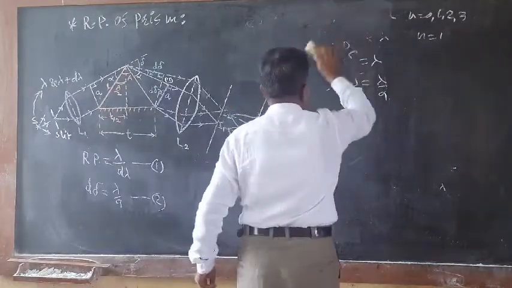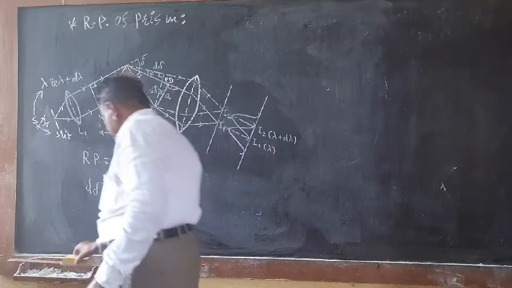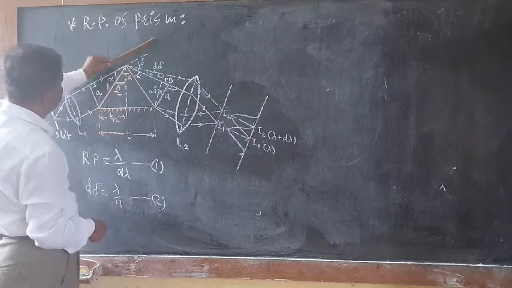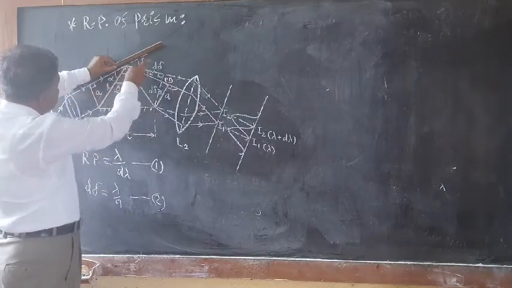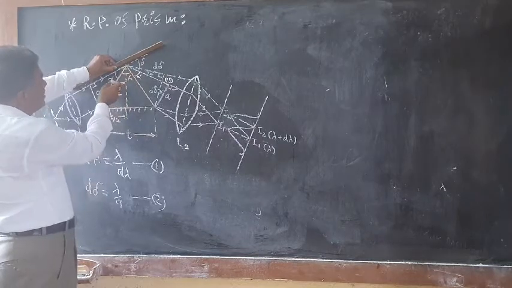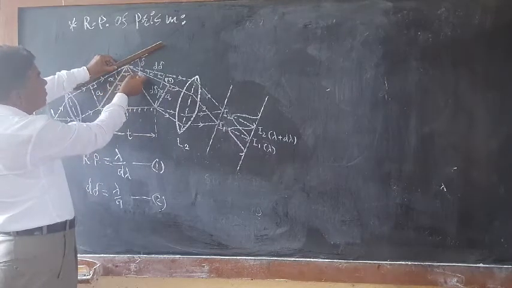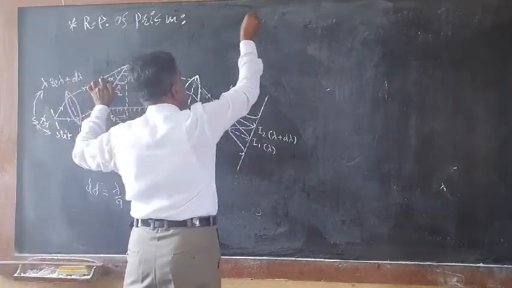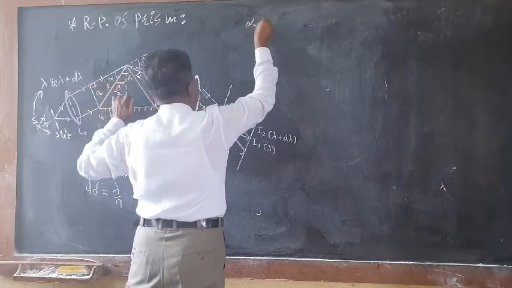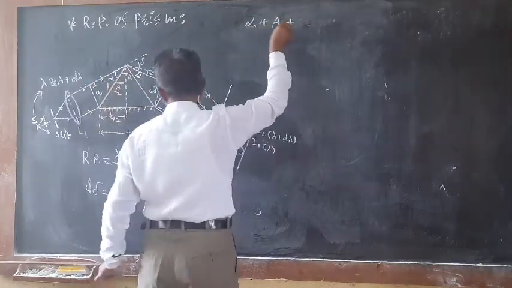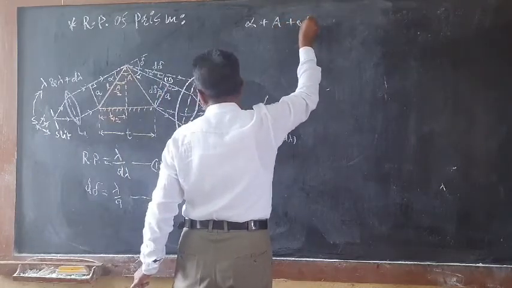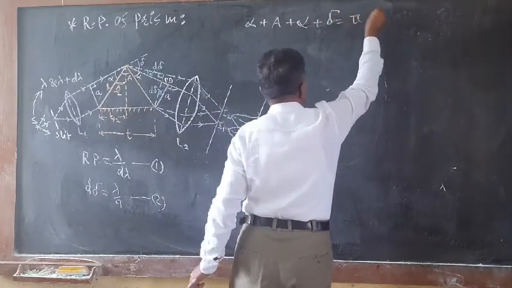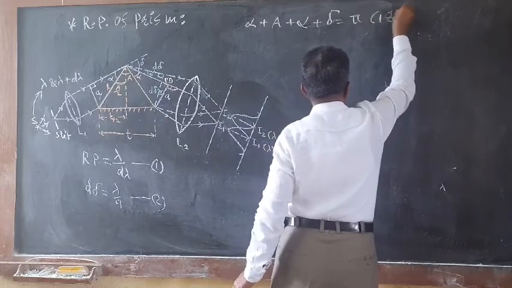From the figure, this total angle is pi, that is 180 degrees, and this is distributed as alpha plus A, the angle of the prism, plus alpha plus delta. So alpha plus A plus alpha plus delta is equal to pi, that is 180 degrees.